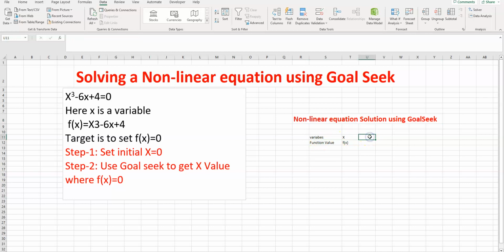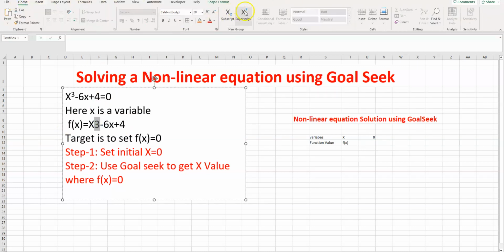Now we assign some value to this x. Initially I am taking the x value as 0. Now I am going to calculate, at x equal to 0, what the function value is. Meaning, if we put x equal to 0, what will be the function value?